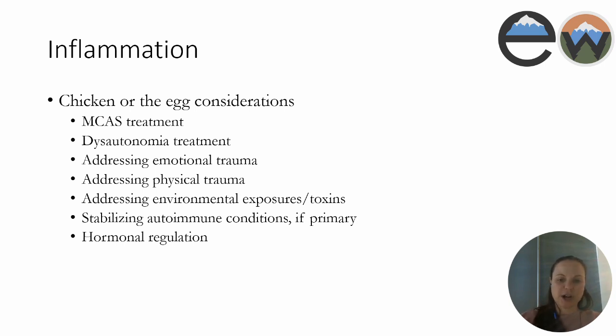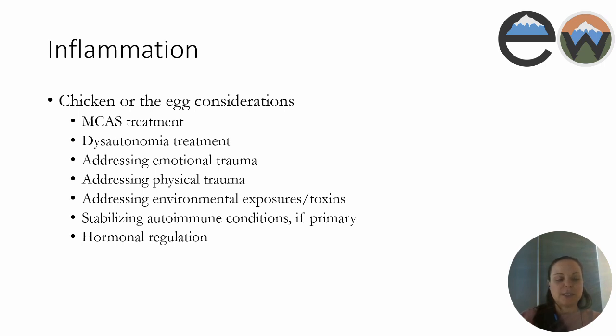Addressing emotional trauma is very, very important, and it's not to be underrated, because again, this is the same neurological system that talks to the autonomic nervous system. So your autonomic nervous system can be feeding into that loop of convincing your astrocytes and microglia that there continues to be a threat to the neurological system.